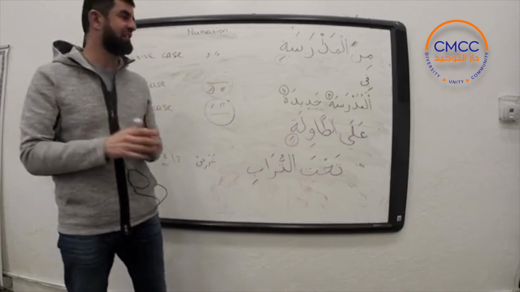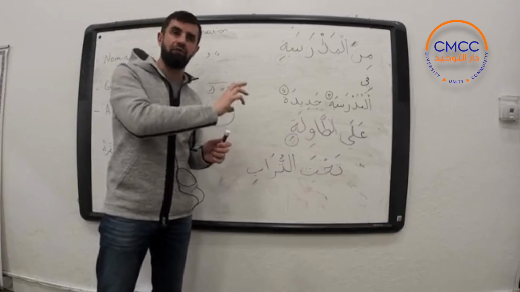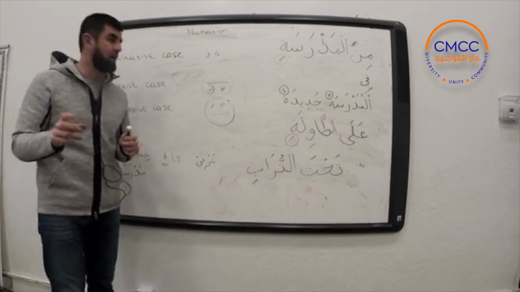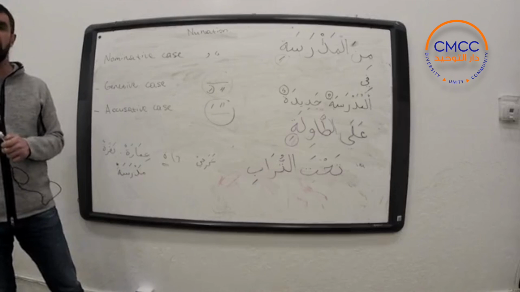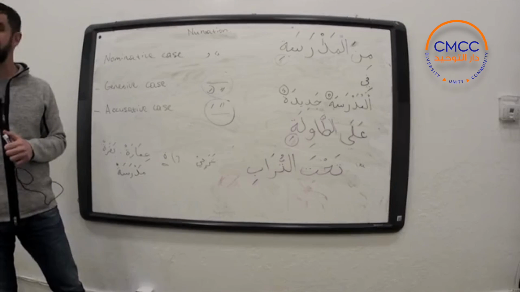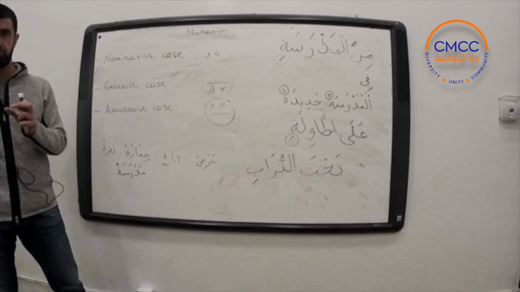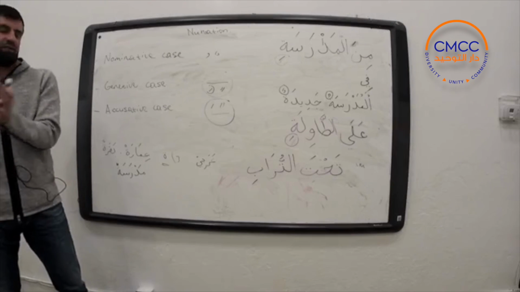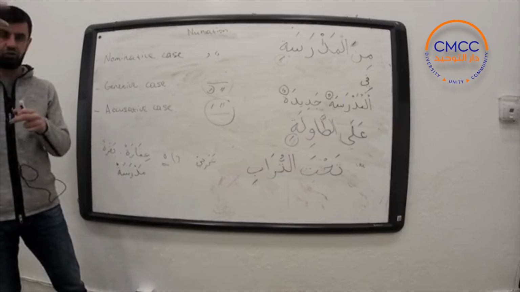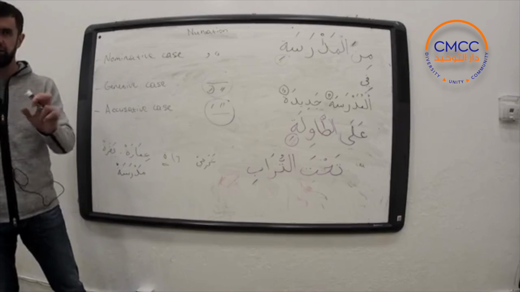The sentence that includes only nouns. And there is another type of sentence, which is called al-jumla al-fi'liya, the sentence that includes a verb. So there are two types. Is it clear?